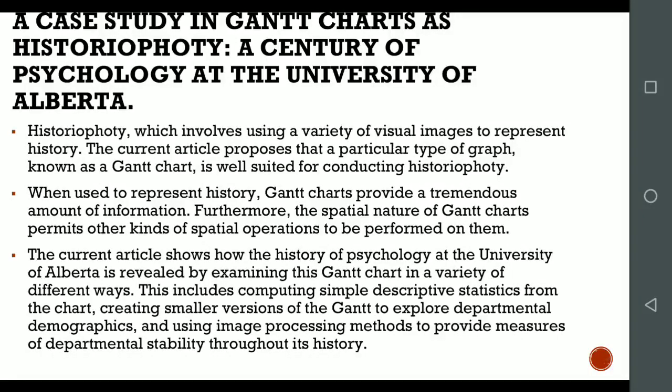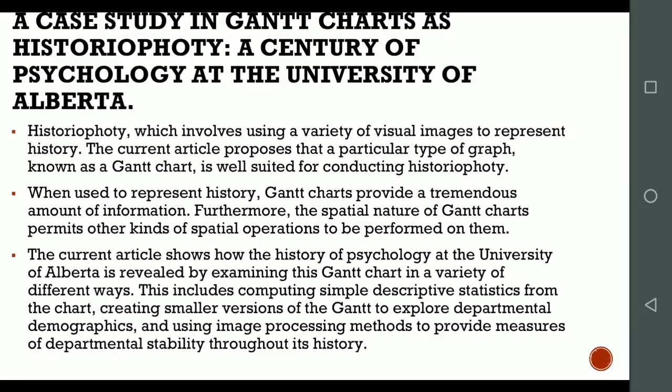Here is a case study of the Gantt chart, Hysteria 40, a century of psychology at the University of Alberta. It was a study conducted, and it showed that the history of psychology at the University of Alberta is revealed by examining this Gantt chart in a variety of different ways.